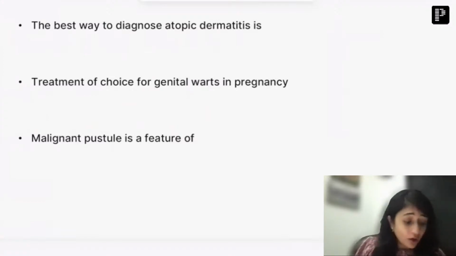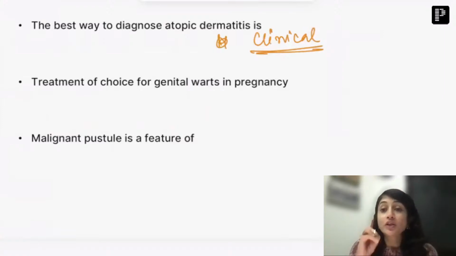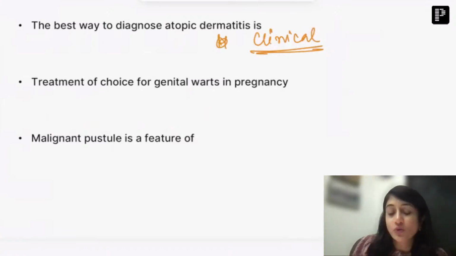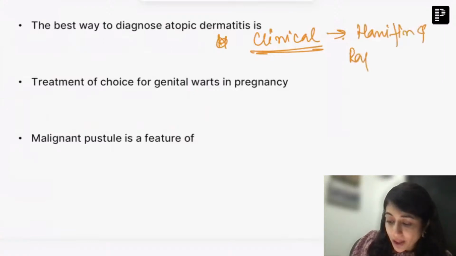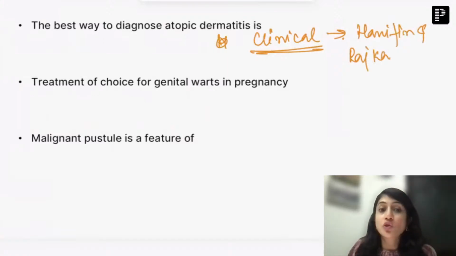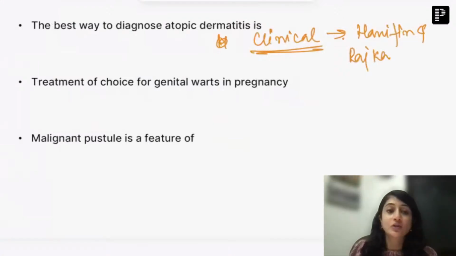And if no, not patch test, you do not do patch test in atopic dermatitis. You diagnose it by clinical method. So there is no test to diagnose atopic dermatitis. So best way to diagnose is clinical, and you use your Hanifin and Rajka criteria. You might see a high IgE, but that's not a diagnostic test. So atopic dermatitis is diagnosed clinically, right? No, not IgE, no patch test, clinical diagnosis.